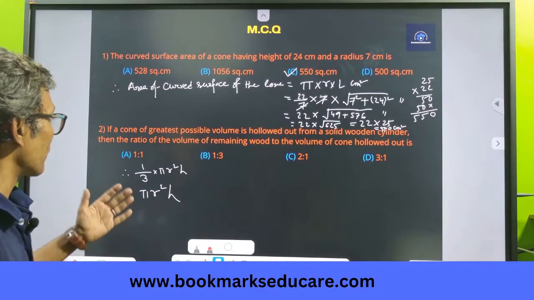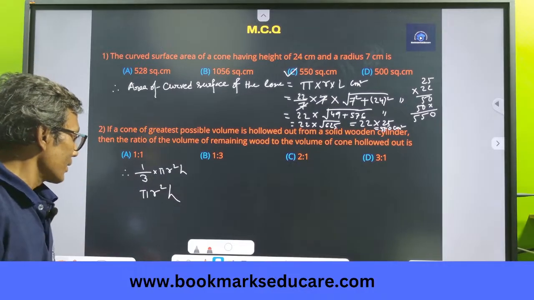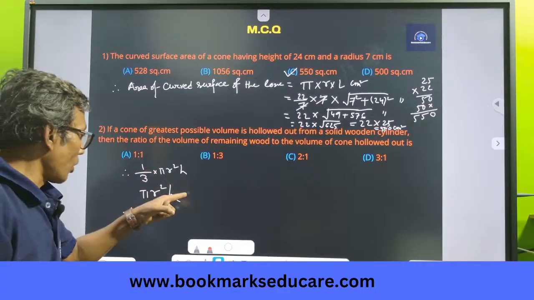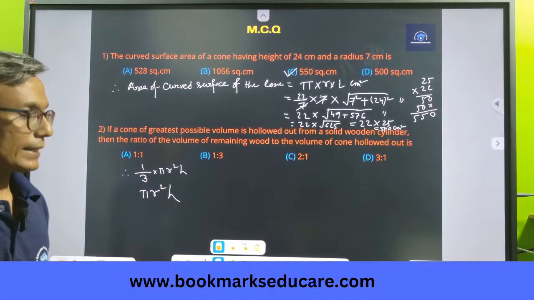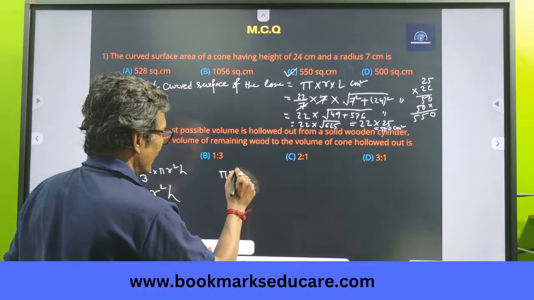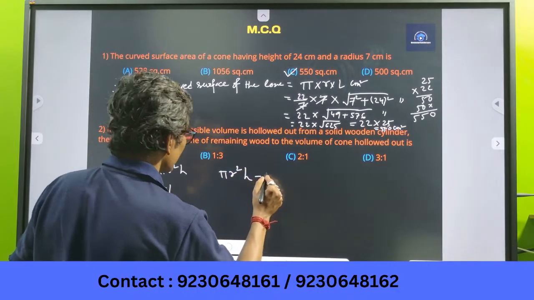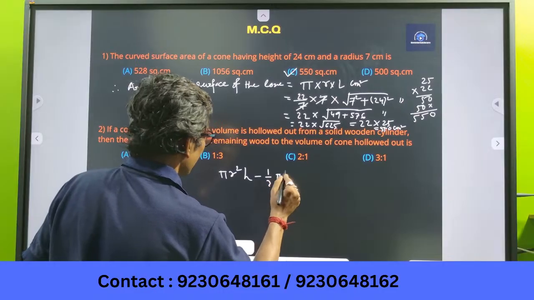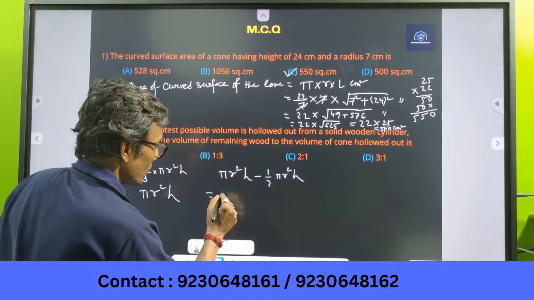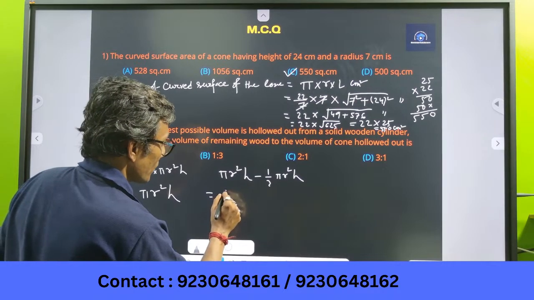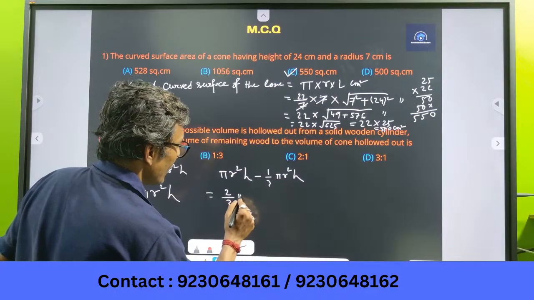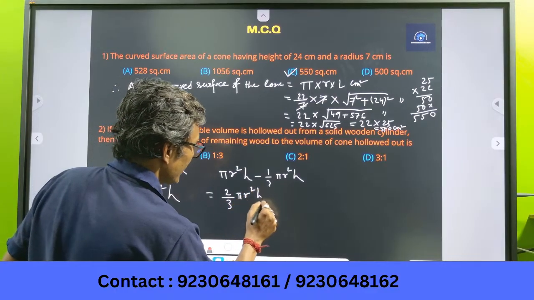That is why we have to subtract the volume of cone from volume of cylinder. That is pi r square h minus 1/3 pi r square h. So 2/3 pi r square h.